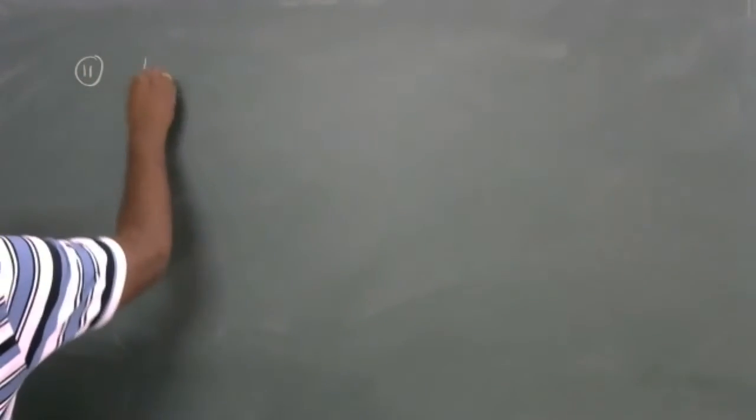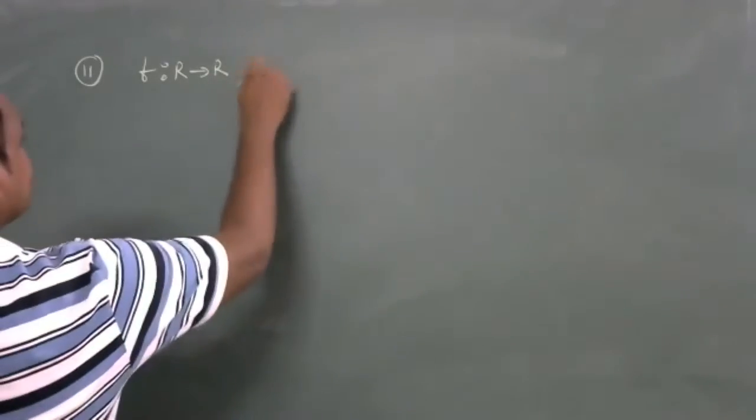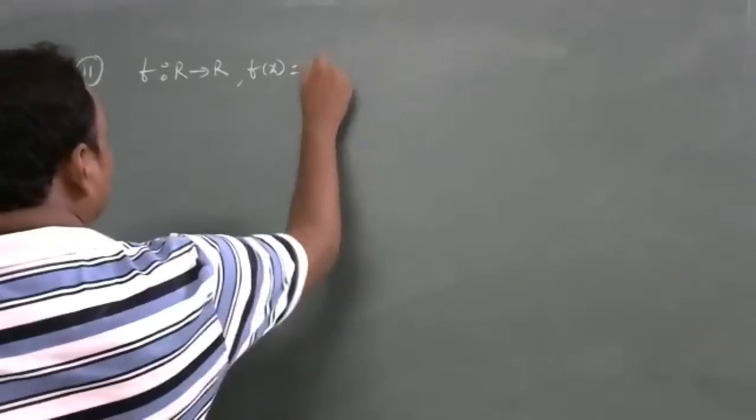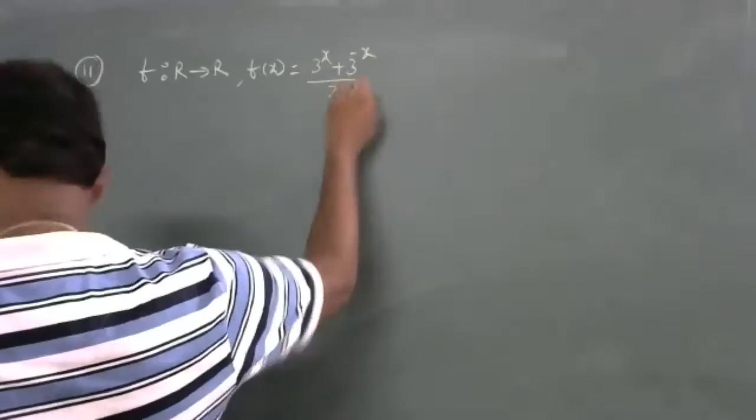This is the problem. The function f is a function from real numbers to real numbers, defined by f(x) = (3^x + 3^(-x))/2.